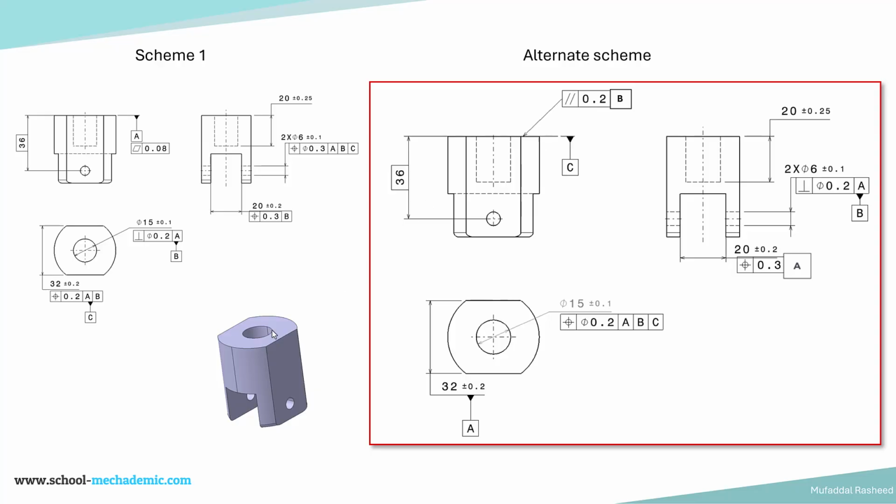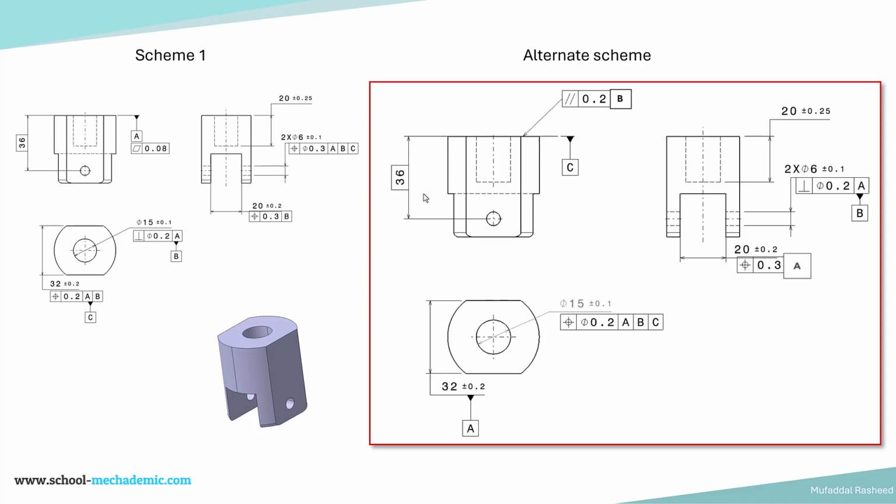So here we are controlling the parallelism of the surface, and the basic dimension for controlling that parallelism is shown over here, which is 36. So in the scheme 1, we had this basic dimension which was locating the hole with respect to datum feature A. But here we are locating the surface, or we are controlling the parallelism of the surface with respect to the hole. So it has reversed.